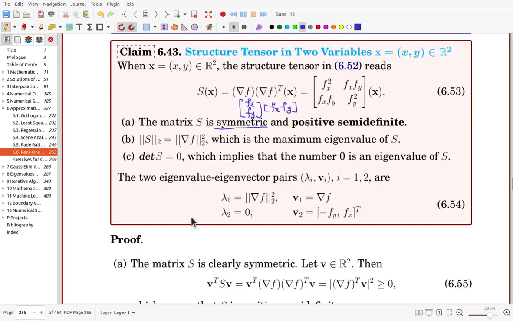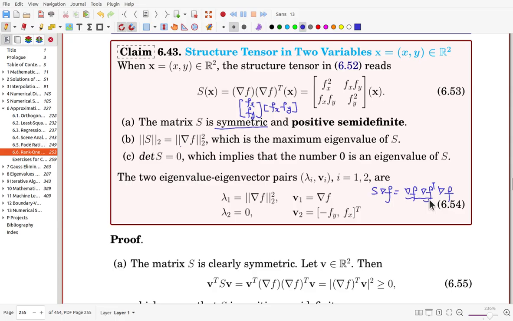So we can summarize the properties here. Lambda 1, the larger eigenvalue, is this one, the gradient of f norm squared, and the corresponding eigenvector is the gradient of f. We can check it quite easily. S times the gradient of f is the gradient of f times the gradient of f transpose times the gradient of f.